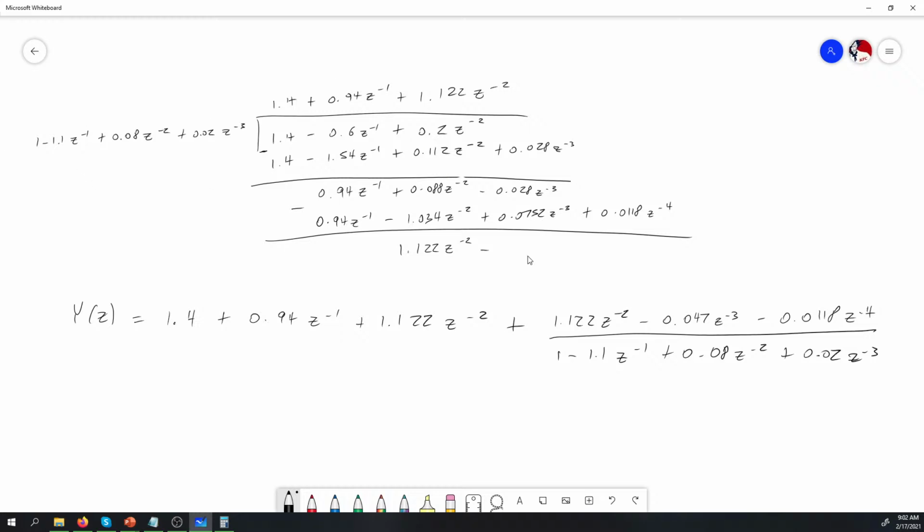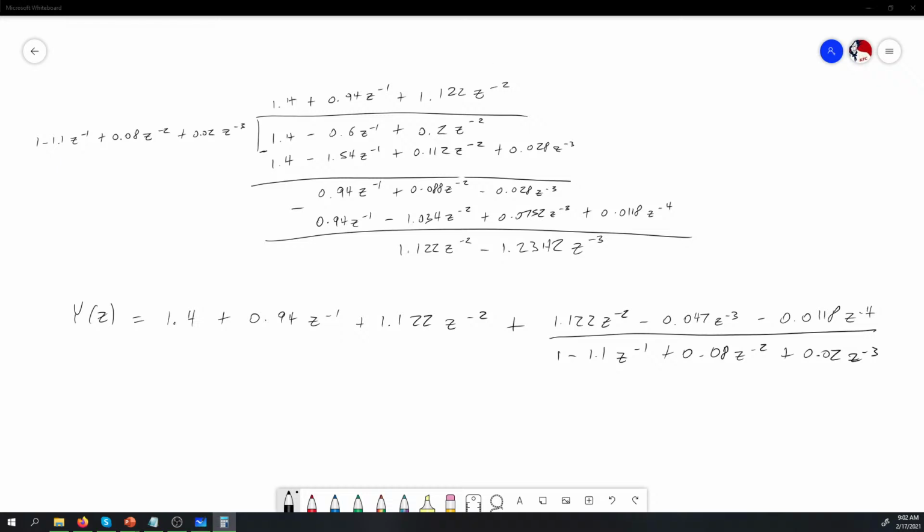That's one. So this could be minus 1.232. That's a minus 3. And then here we have 1.122 multiplied 8.